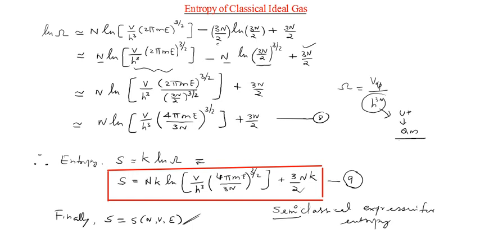So we can say that it's partially classical concept and partially quantum concept. Because we used phase space, which was a classical idea, and we used the uncertainty principle, which is a quantum idea. So we can say that equation number 9, which is our ultimate equation for the entropy of a classical ideal gas system, can be regarded as a semi-classical expression for the entropy of the system.